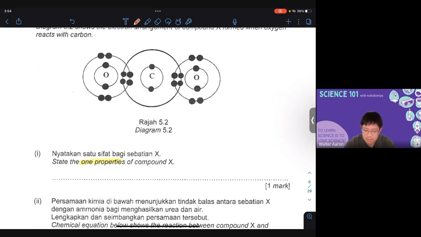All those can. So I'll just put here the easy one, poor conductor of electricity. Okay, remember, don't write insoluble in water because it can actually dissolve in water to produce carbonic acid. So I'll say still to a certain extent soluble lah.